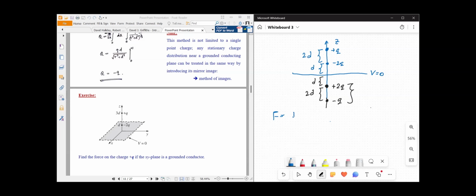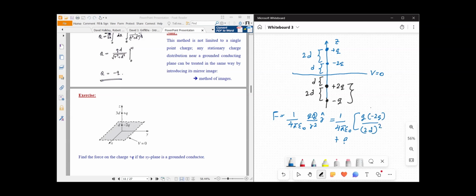So force can be calculated as 1 over 4 pi epsilon naught, Q1 Q2 over r squared, in the direction of r. Let's say capital Q is this plus Q. So we have 1 over 4 pi epsilon naught with this Q. First I will consider this minus 2Q, and the separation between these two is 2D, squared.